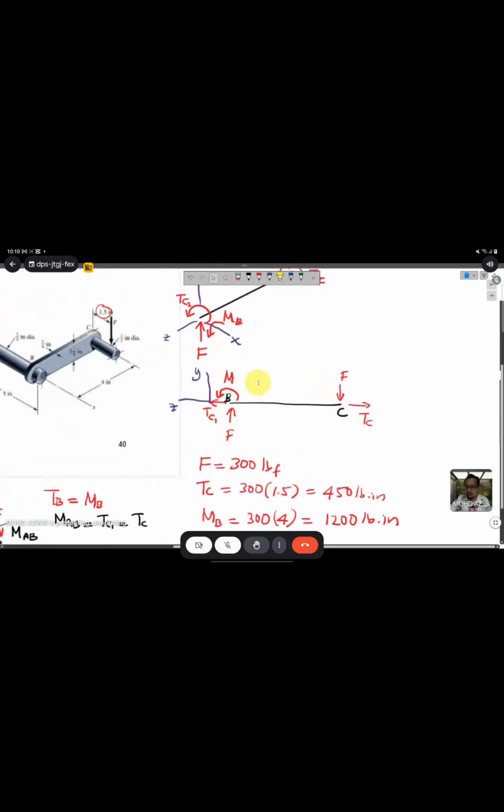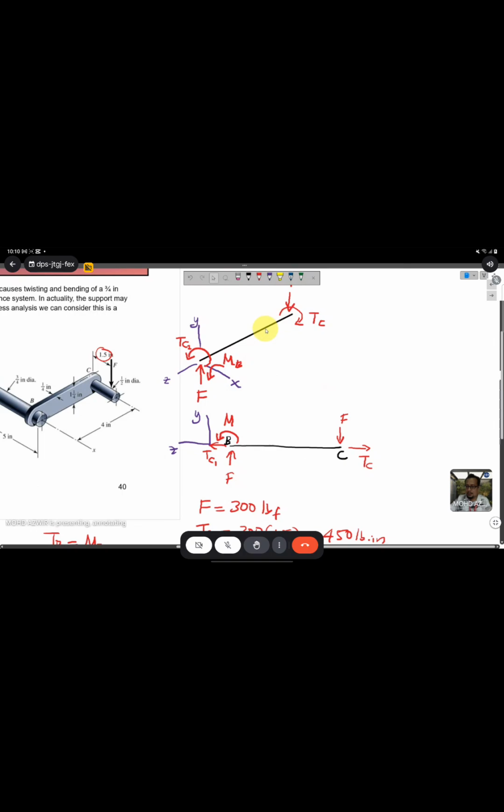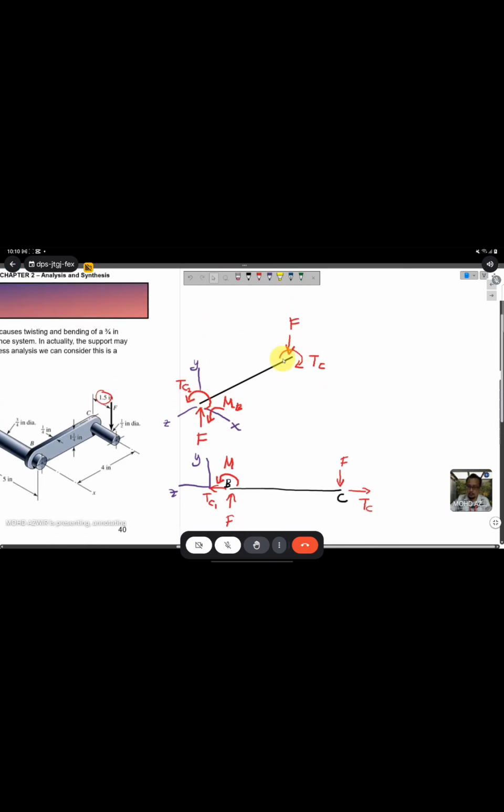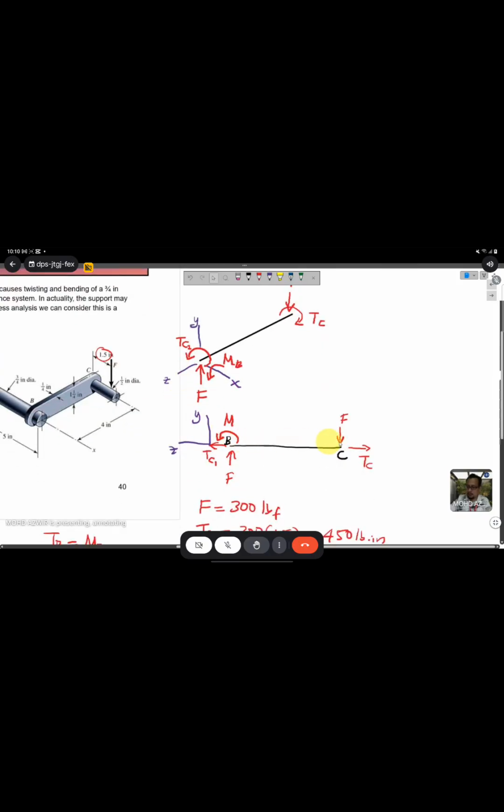Yes. Okay, rod BC. So if you look here again, this one is arm BC. So we have F here, we have torsion here, and to draw the free body diagram in equilibrium, you need to put the opposite direction of F and torque here. Then if you look properly, F, TC, and TC here are in a straight line, so they will cancel each other. But F here, you can see, is not in a straight line, as the second force is acting at the end.